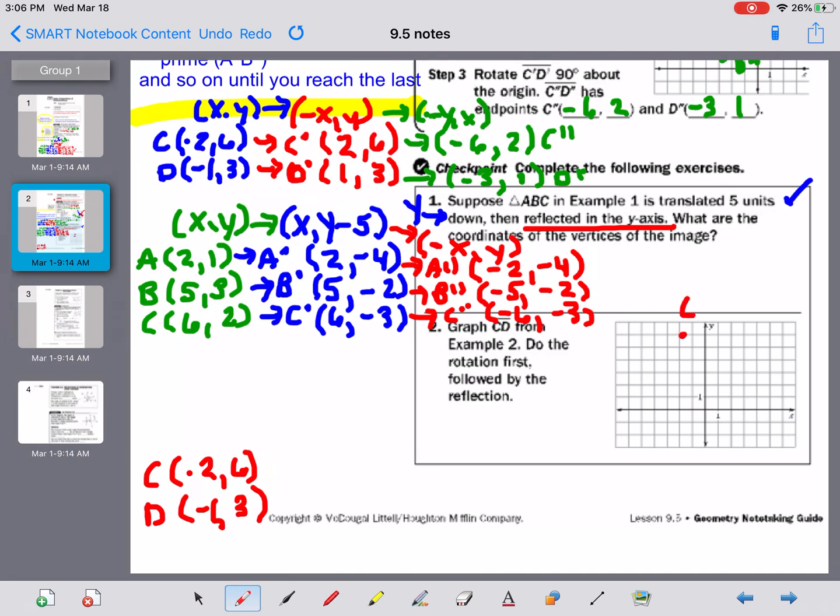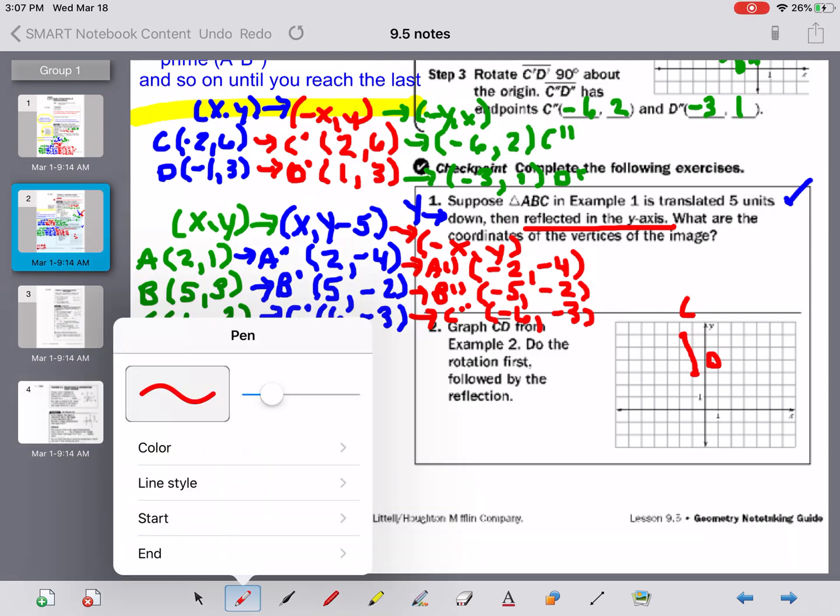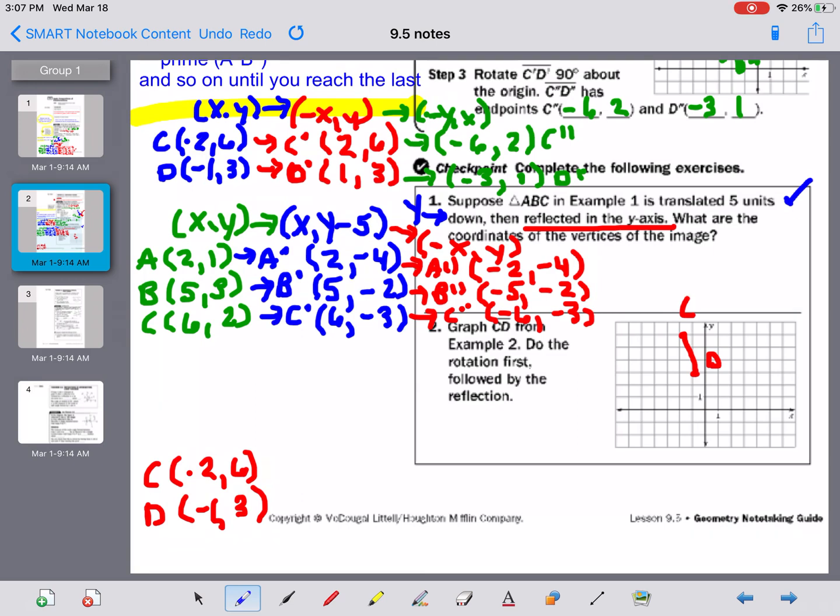So this starts out the same way our example 2 started before. And now this time we're going to do the rotation first. So that 90-degree rotation from before, we're going to take this x, y and do negative y, x, because that's how a 90-degree rotation ends up.